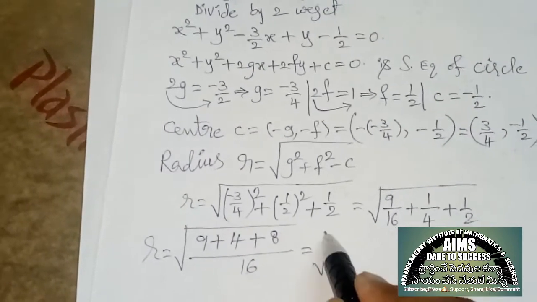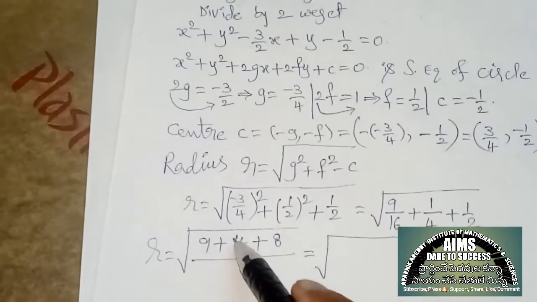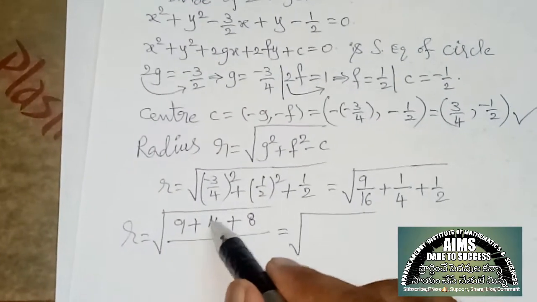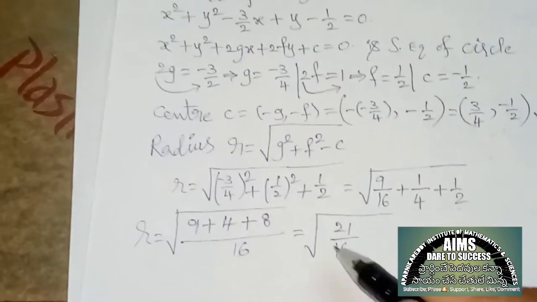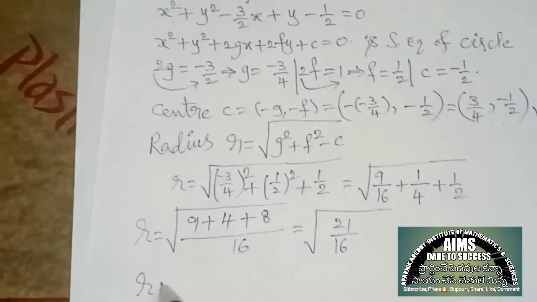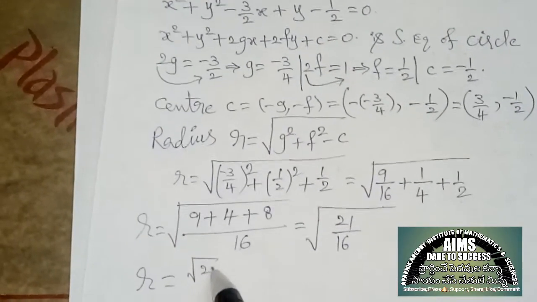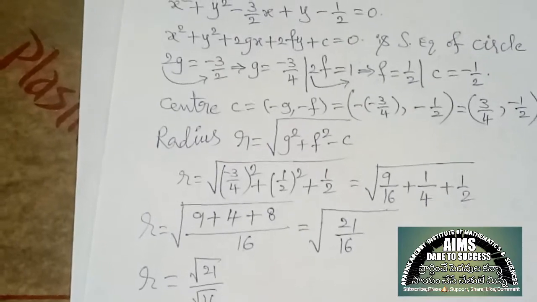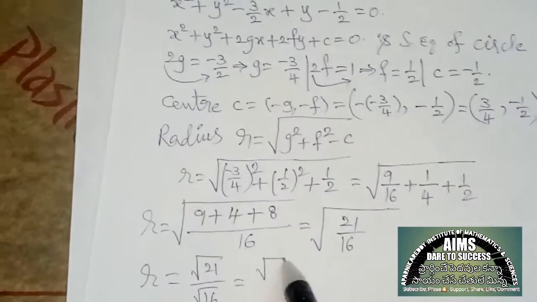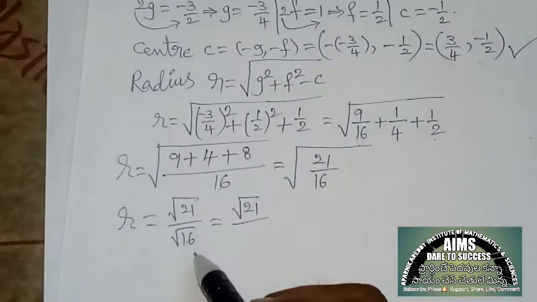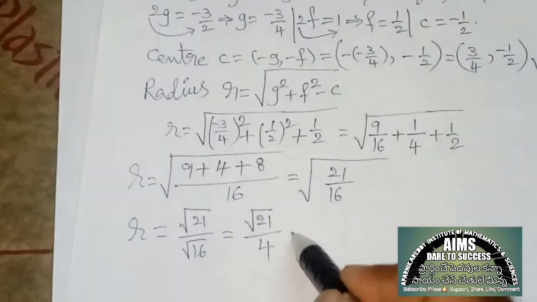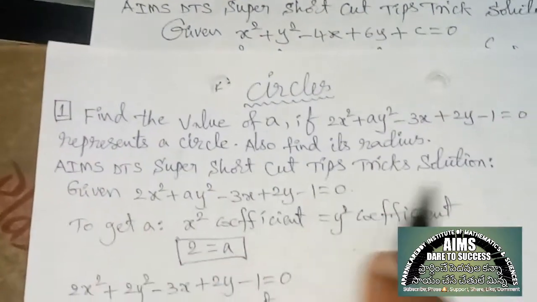So this can be written as 9 plus 4 is 13, 13 plus 8 is 21 by 16. Split this under root value into numerator and denominator. We get root 21 by root 16. Root 21 divided by root 16, which is 4, is the radius of the given circle.